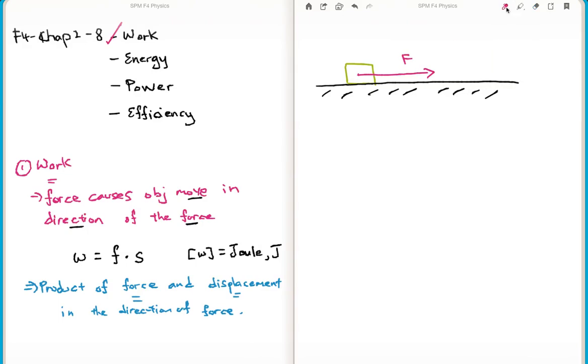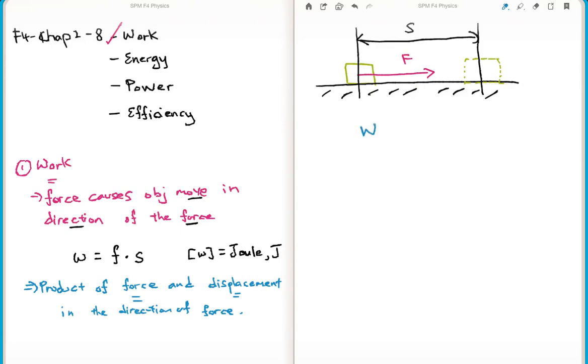Next moment, your object would be displaced here, and it has traveled from here to here a distance S. So the work you have done to pull this object from left to right over distance S will therefore be summarized.